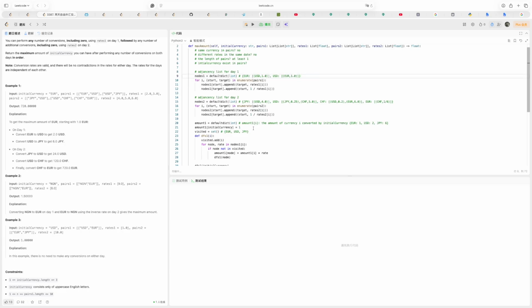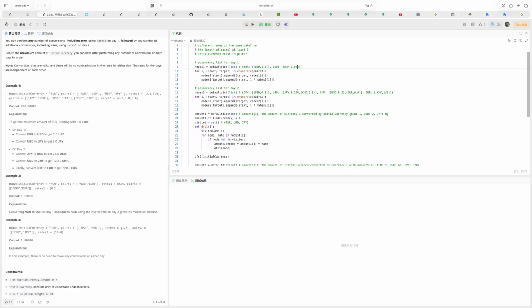And day 2 will have euros to JPY, that is 10, and JPY to euros, that is 0.1.